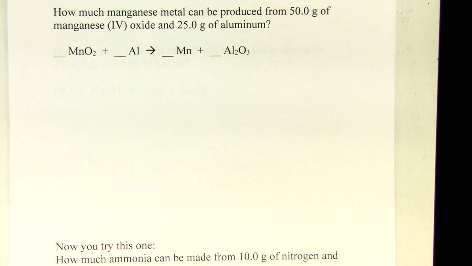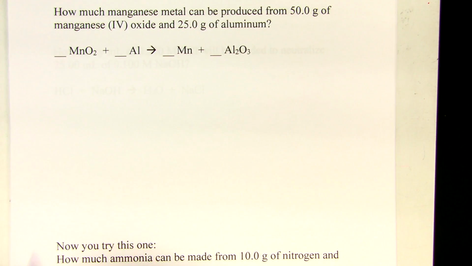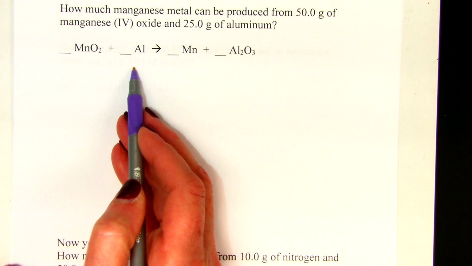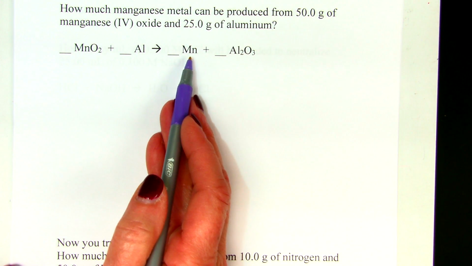This is a really important step because when you see these in the homework or on the test, you have to be able to recognize them to know that you're going to do two calculations. So when we look at this, how much manganese metal can be produced from 50 grams of manganese oxide and 25 grams of aluminum, we recognize that we have two reactants here, amounts of each, and so that tells us that it's a limiting reactant problem.